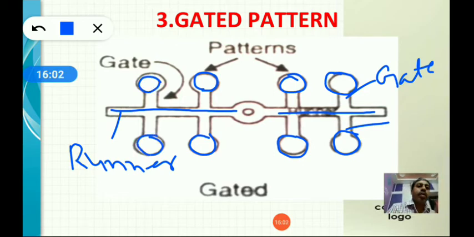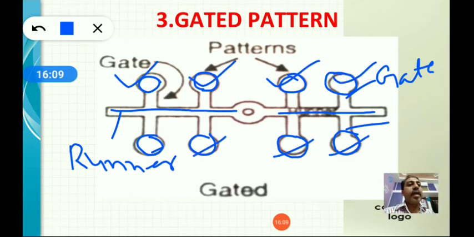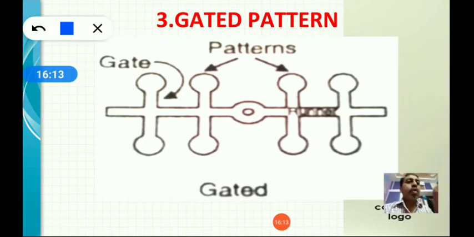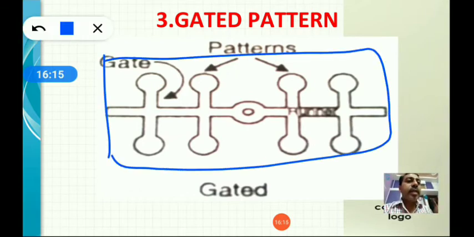So in one process we can produce a number of products, suppose product 1, 2, 3, 4, 5, 6, 7 and 8. Simultaneously we can produce 8 products through one pattern, and this is called a gated pattern.